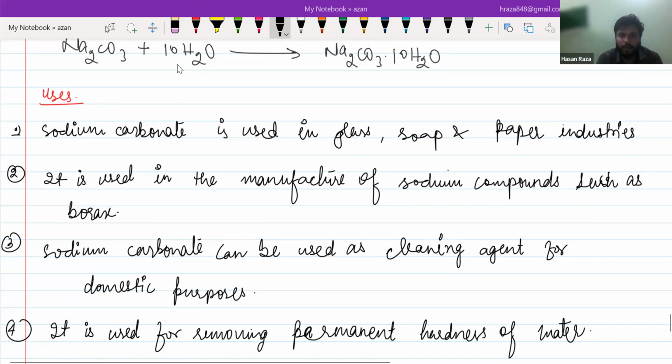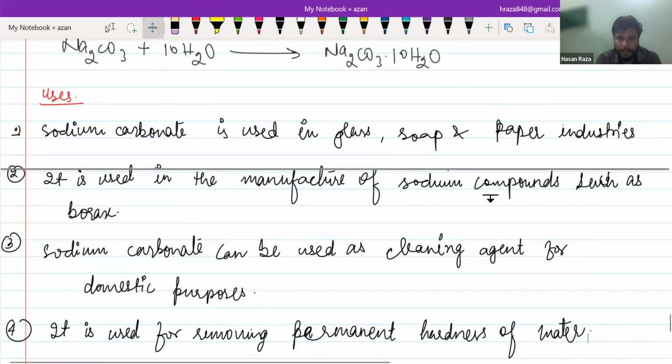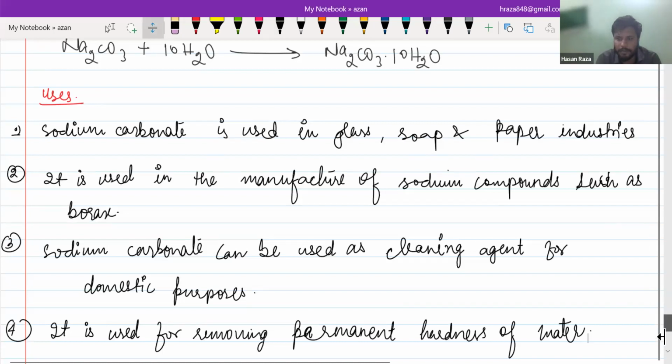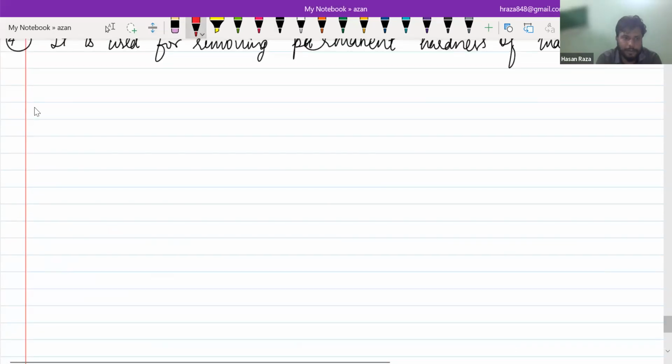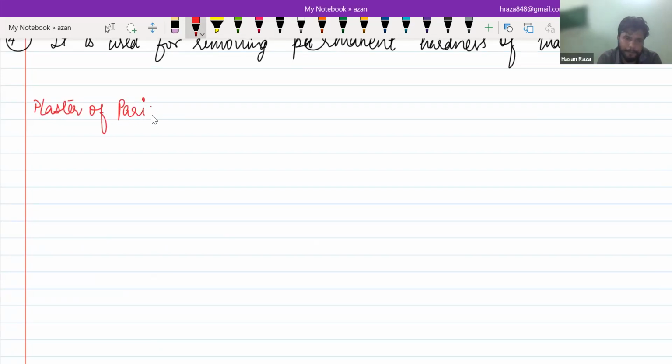Very good. Now we are going to take the next, that is plaster of Paris. Now see how we are going to prepare it. Basically there is gypsum. We are going to heat it and then plaster of Paris will be formed.